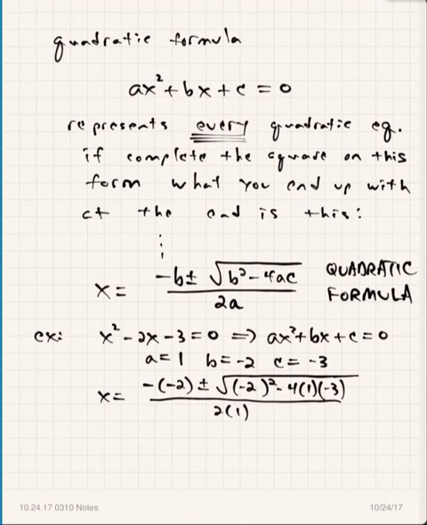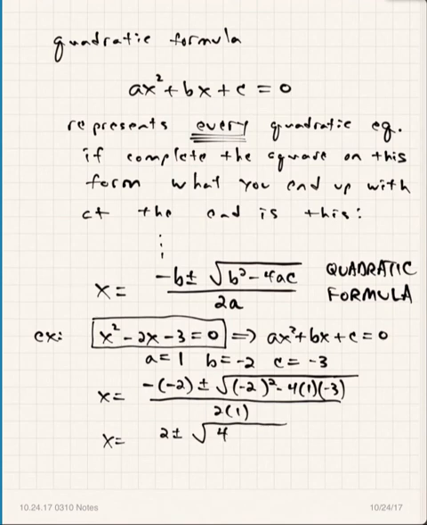Remember, this was the quadratic we were solving right here. And so you get x equals, the negative of negative 2 is positive 2, plus or minus the square root of negative 2 squared, which is positive 4. And then you have negative 4 times 1 times negative 3.